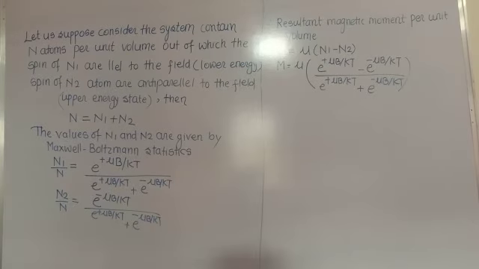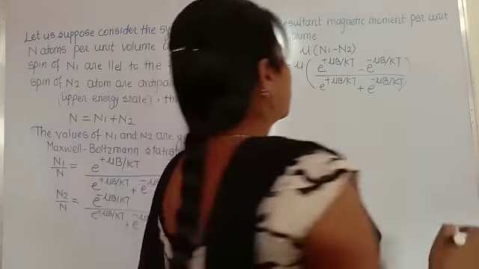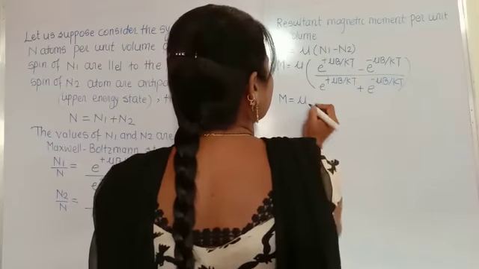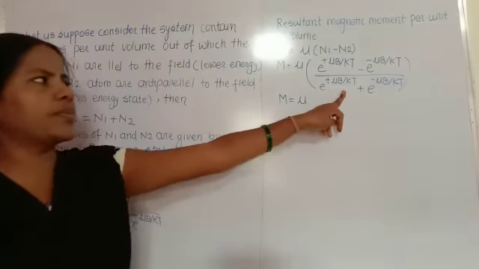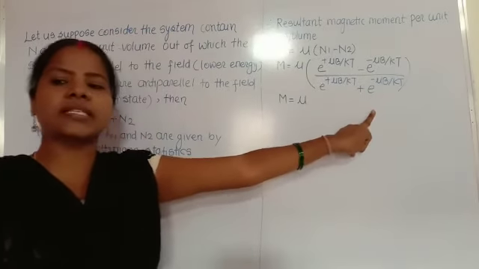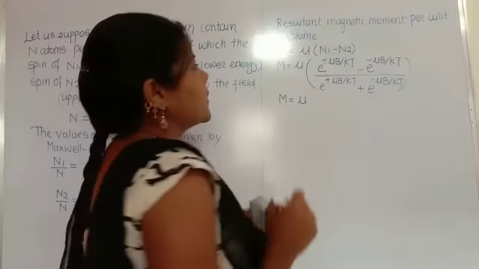So this is the resultant magnetic moment per unit volume. This formula can be written in the form of a hyperbolic function.